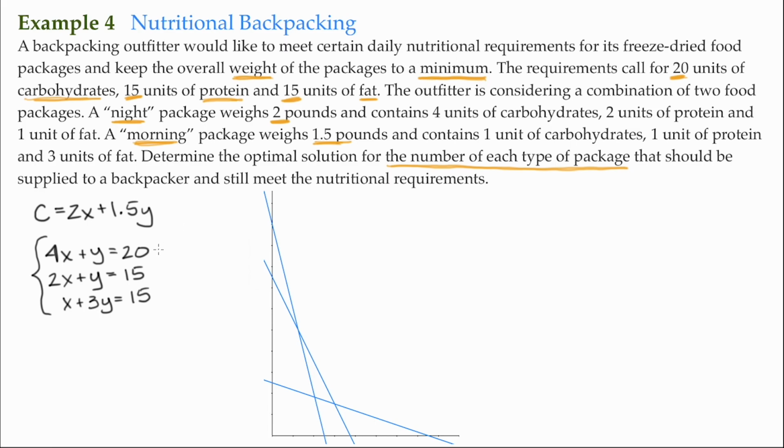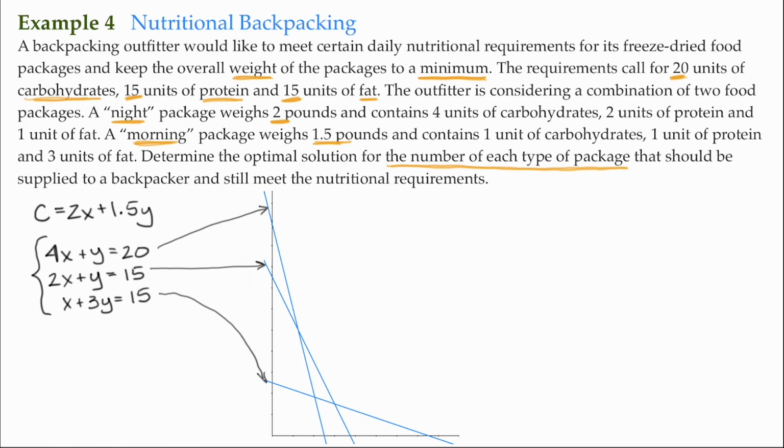So here we have the line 4x plus y is equal to 20. Here is 2x plus y is equal to 15. And of course, here is x plus 3y is also equal to 15.